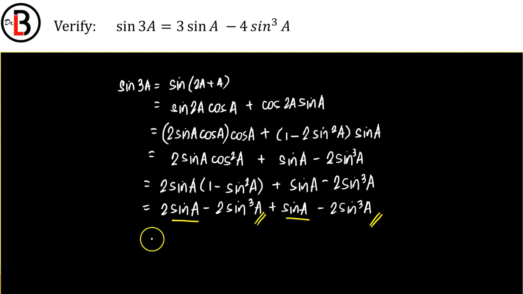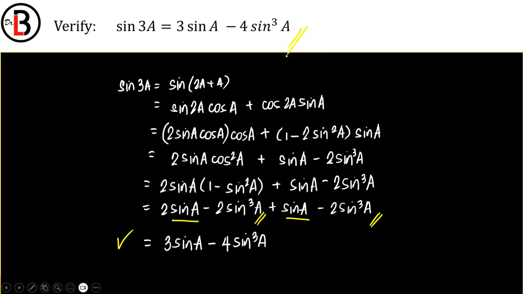This one can be 3 sine of A minus 4 sine cubed of A. So we were able to actually prove what is needed to be proven.